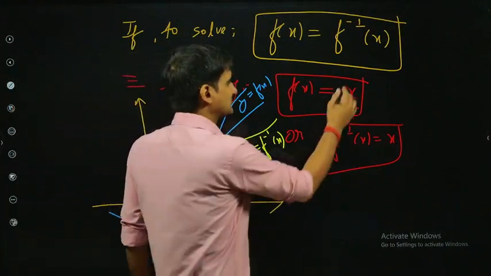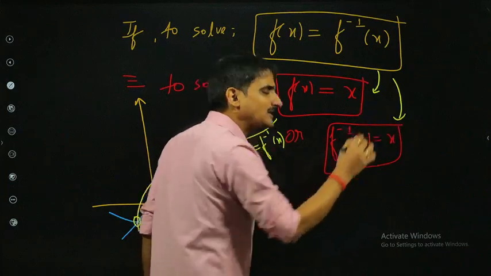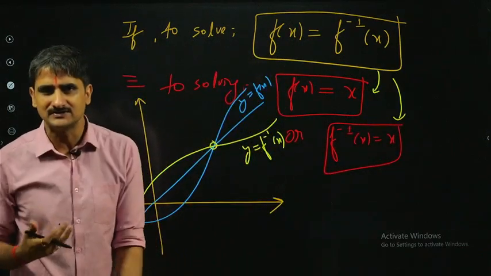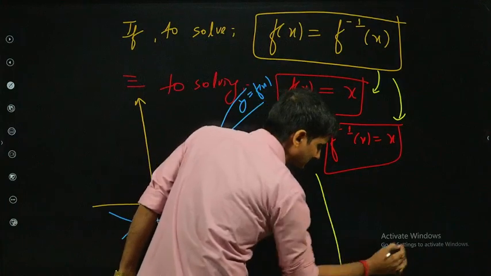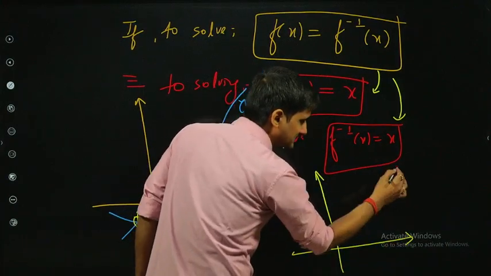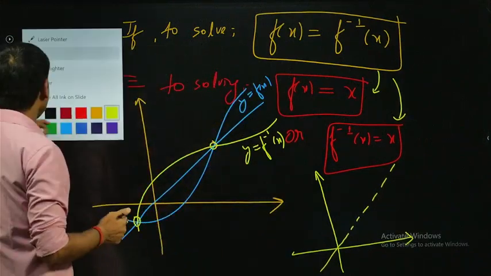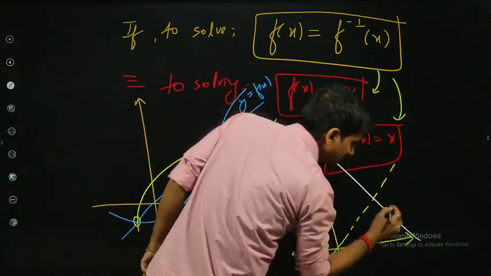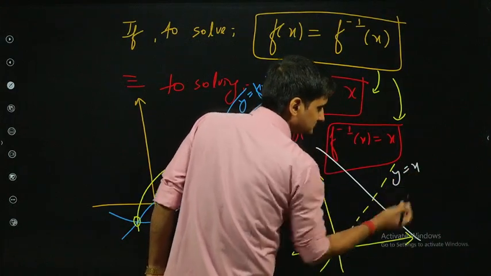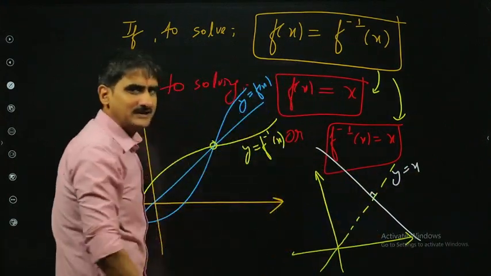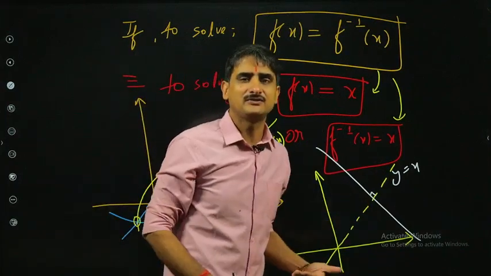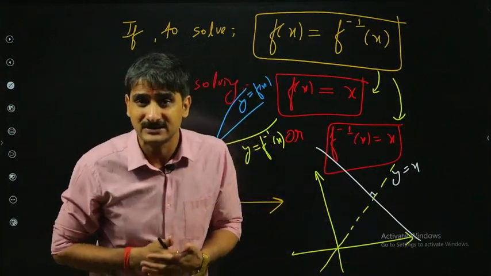So that's why I said solving this is equivalent to this or this, unless there is an identity type of statement. We have an exception also. We can have many such exceptions, but a simple one is if you consider a line which is perpendicular to the mirror. When you take its mirror image, it's going to be the same, so f(x) is equal to f inverse x. The function itself is self-inverse.